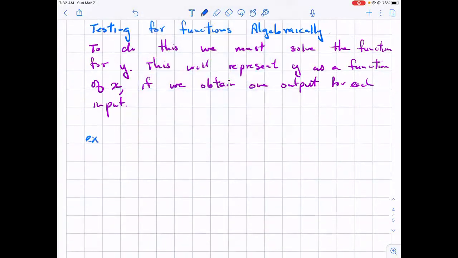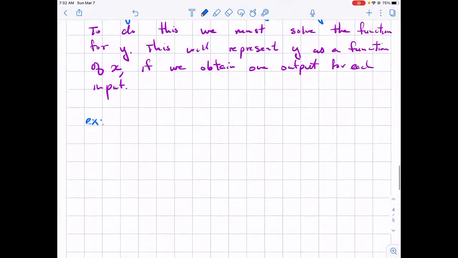Determine whether y is a function of x. We want to determine whether y is a function of x.